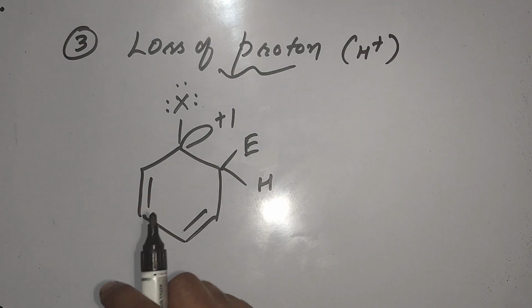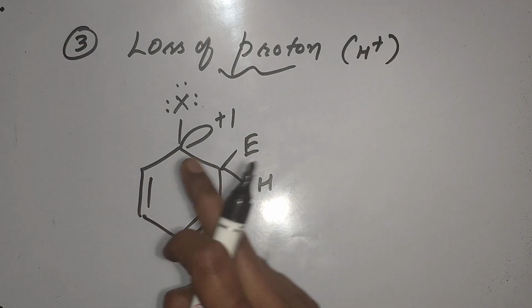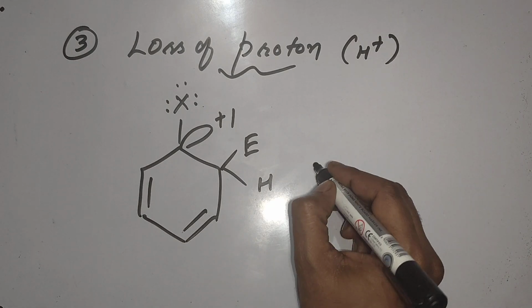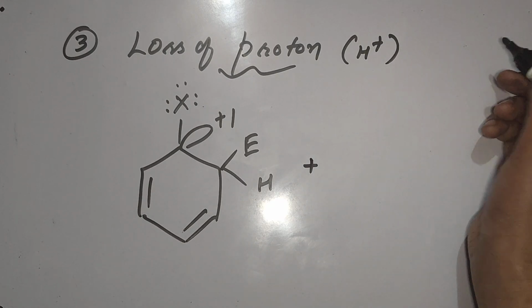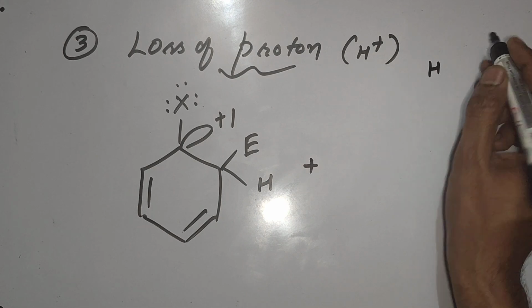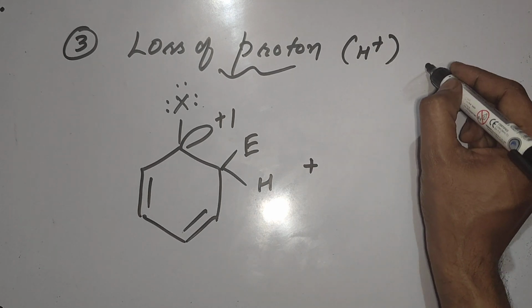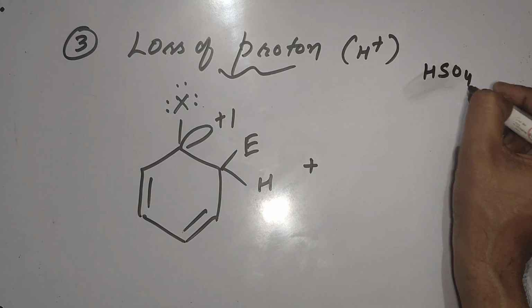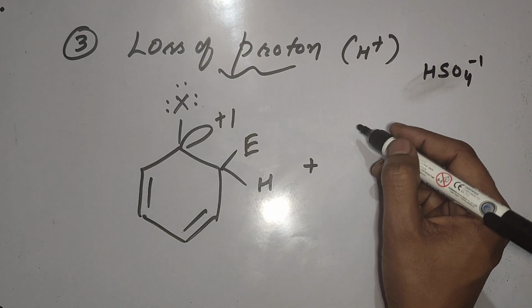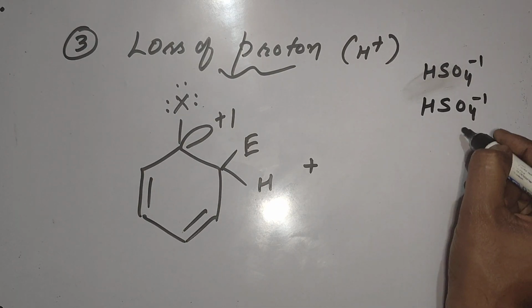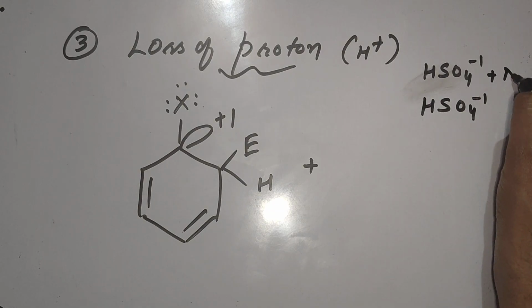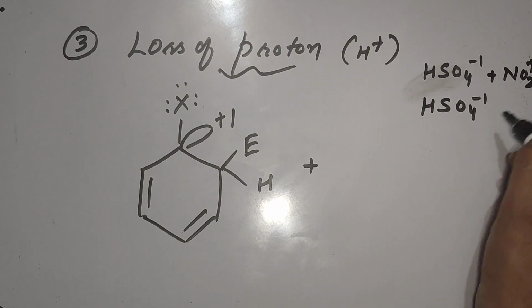Now, how can stability be regained? Look, during nitration, HSO4 negative was generated. During sulfonation, HSO4 negative was generated, with in nitration NO2 positive as the electrophile.